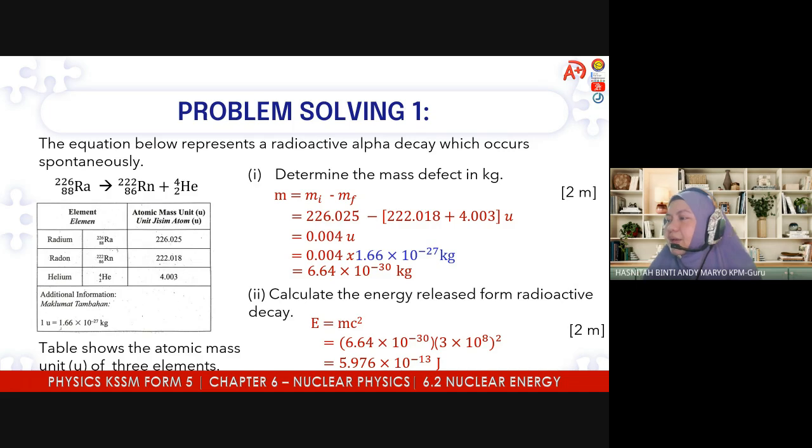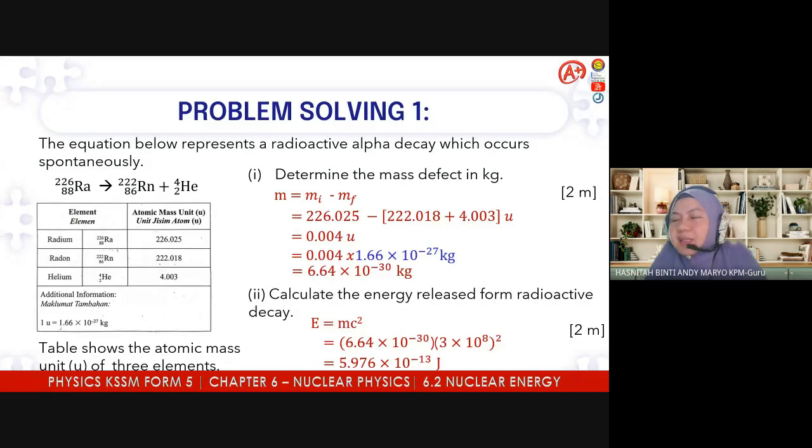Okay, how to explain? So you can say there is a large mass defect, where this mass defect converts into energy.